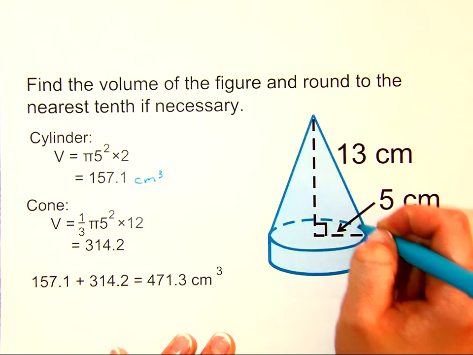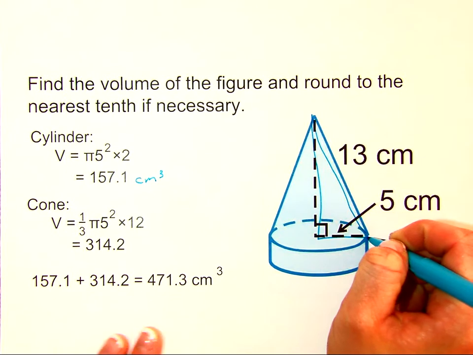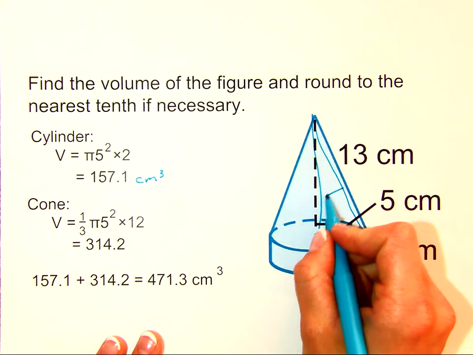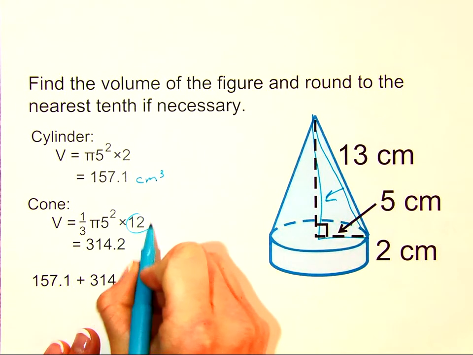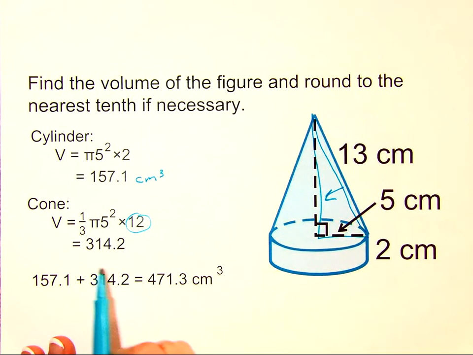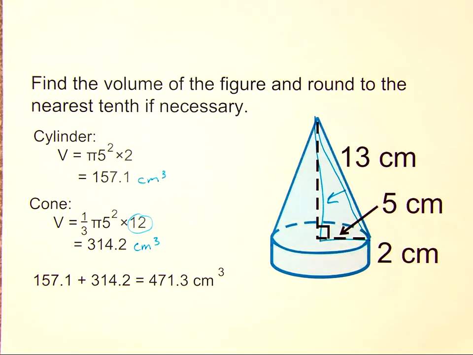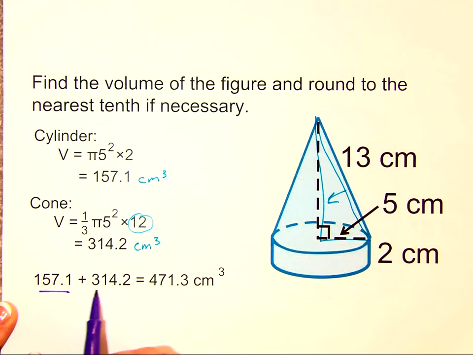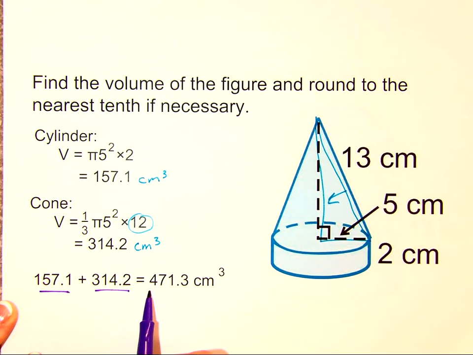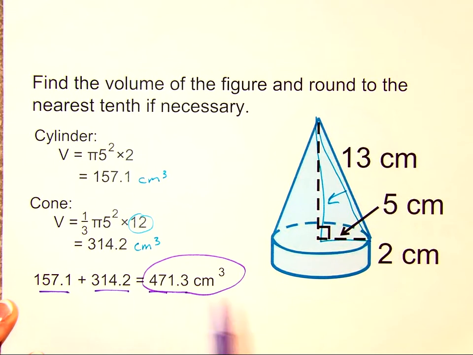Realize here you had to do the Pythagorean theorem to find out what that height was. So that's how I got 12, which gives you 314.2 cubic centimeters for the volume of the cone. And so then we're going to take the volume of the cylinder plus the volume of the cone to equal 471.3 cubic centimeters.